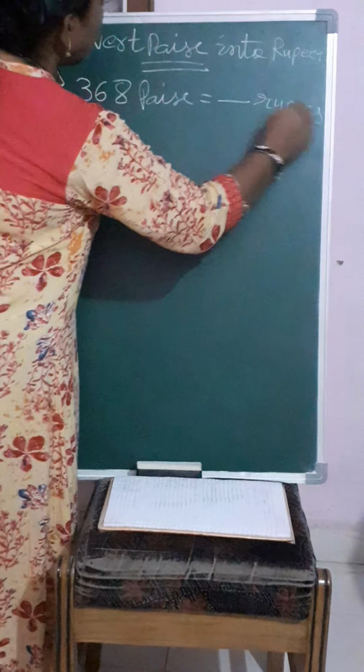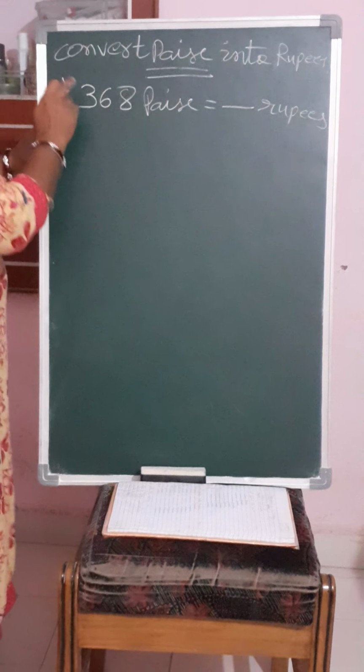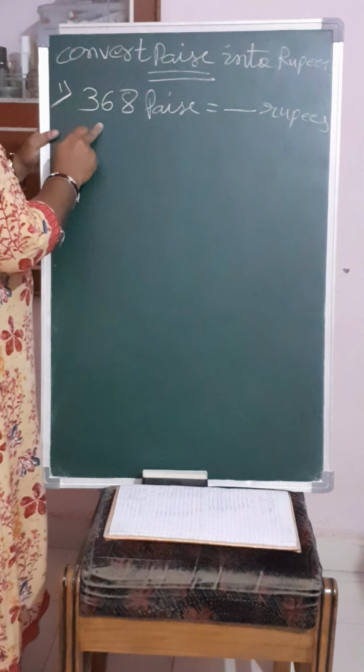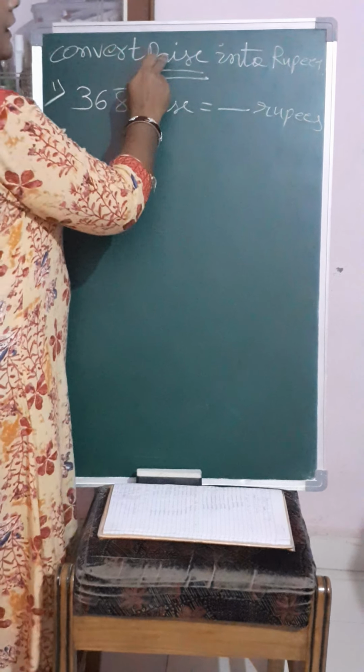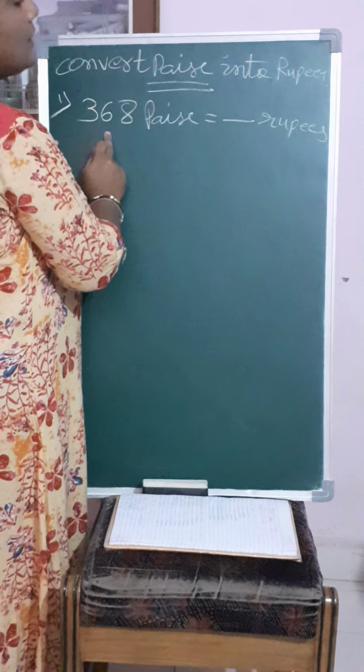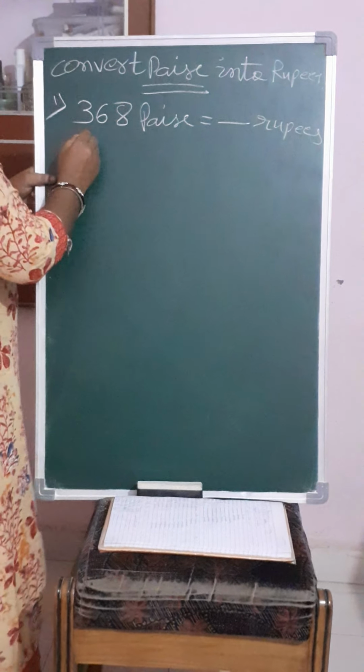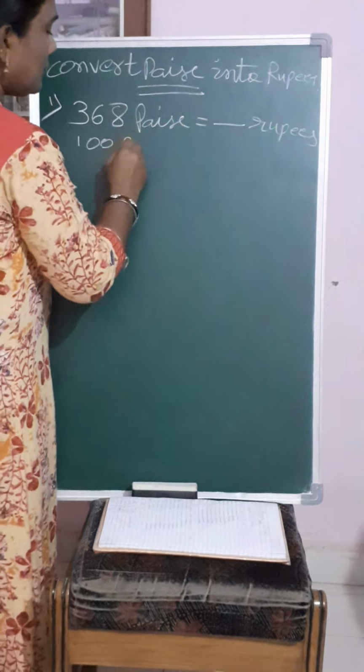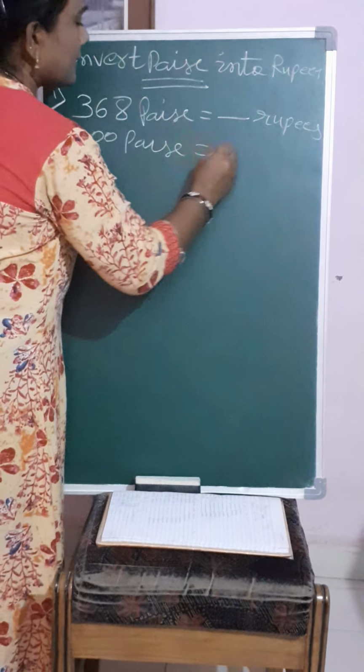If a question like this will come, what will we do according to the rule? Whenever we are converting paisa into rupees, we should divide the number of paisa by 100. Okay, so you know 100 paisa equal to 1 rupee.